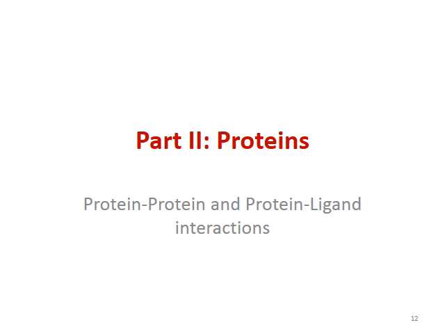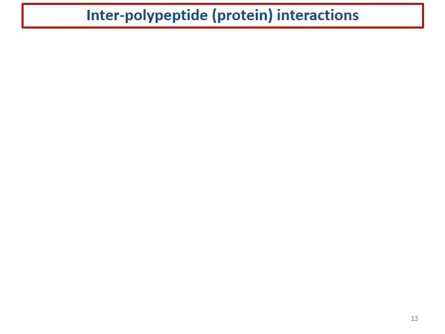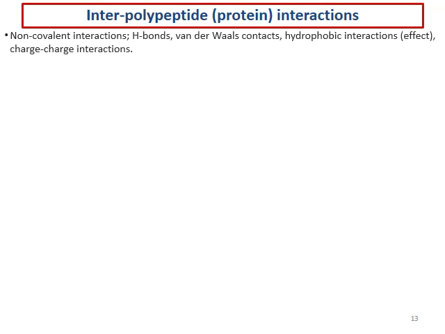That leads us to the next topic within proteins, which is protein-protein and protein-ligand interactions. In the realm of interpolypeptide interactions, and we'll call these protein interactions, we have various forces at work.